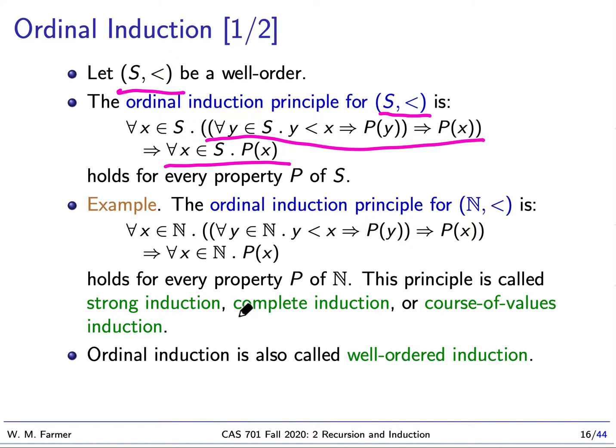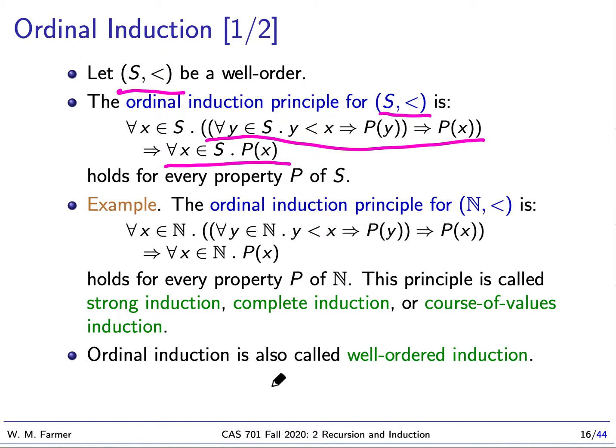And this induction principle for the natural numbers is, as you can see, different than the induction principle we saw earlier, which we called weak induction or just mathematical induction. That principle came from structural induction. This principle comes from ordinal induction.